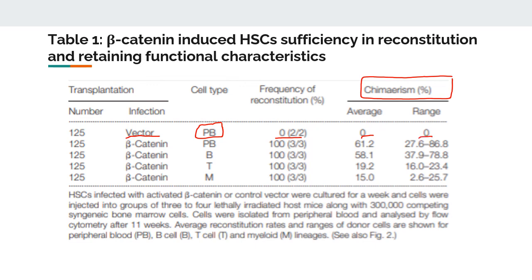Whereas if you look at beta-catenin, where we also compare peripheral blood, B cells, T cells, and myeloid cells, they all had successful reconstitutions, and they had an average chimerism that was pretty high, and showed that they were able to be incorporated and were successfully reconstituted.